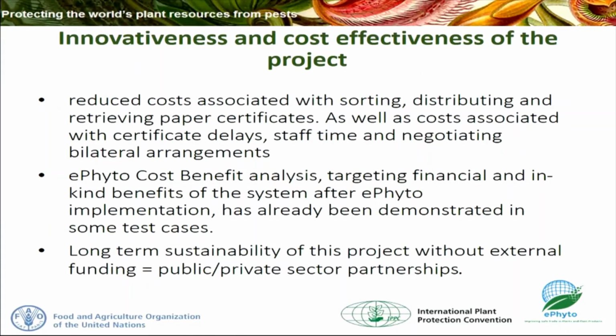So, talked about the innovativeness. It's pretty innovative to go from paper to digital, I would think. I think that's one of the reasons why we're getting the award. Looking at the cost benefit analysis, I gave you the one example of the grain shipment to Chile.